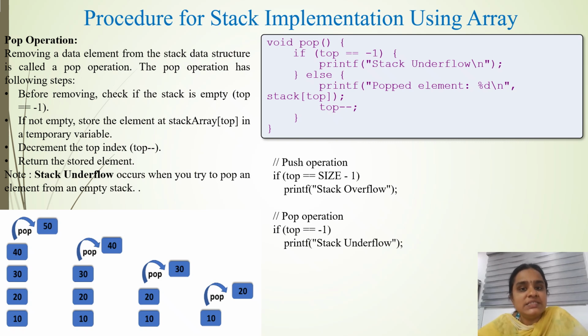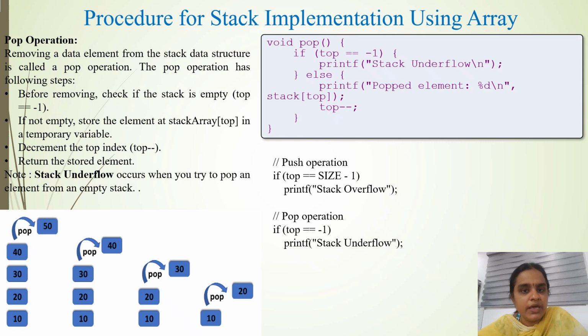If the stack is not empty, we follow these steps. What are the steps? First, we take the element from the top of the stack and store it in a temporary variable. Then we reduce the top value by one, top minus minus, which means the stack now has one less element.